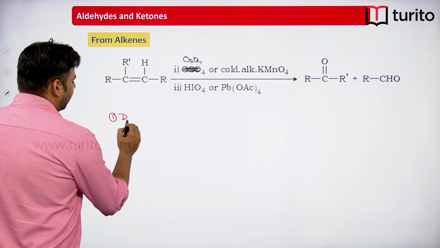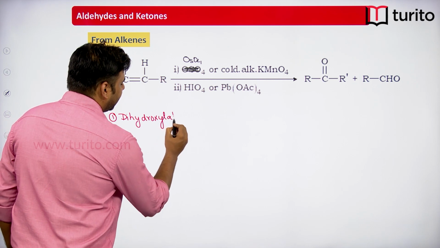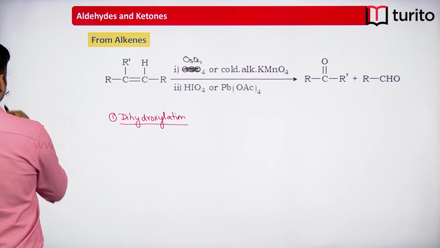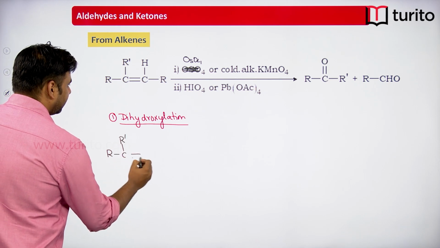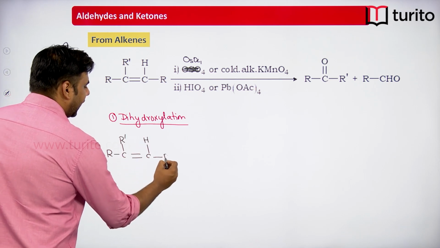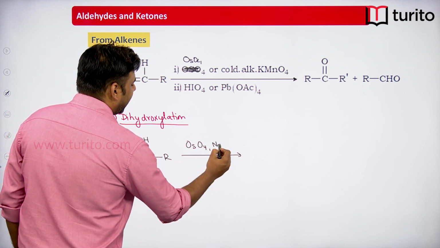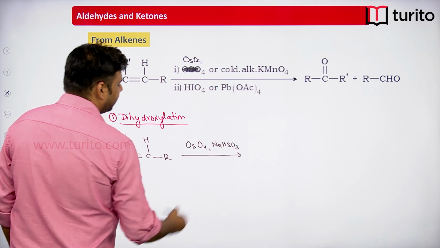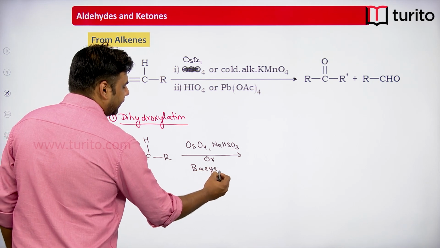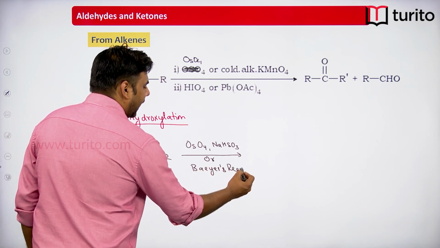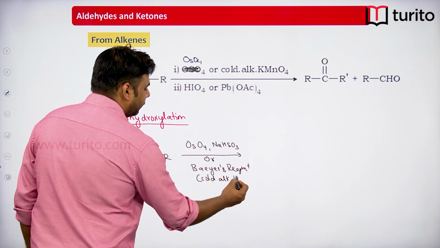So first we will carry out a dihydroxylation. So what we will do over here is, we will add osmium tetraoxide, and in the second step we add sodium hydrogen sulfite, or we will add Baeyer's reagent. Baeyer's reagent is basically cold alkaline KMnO₄.